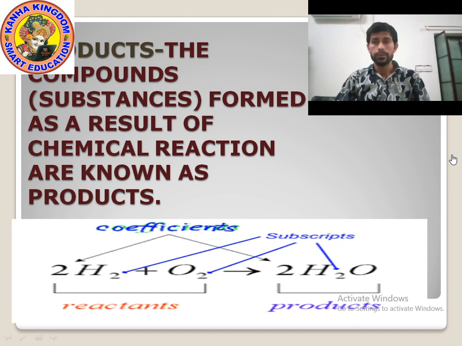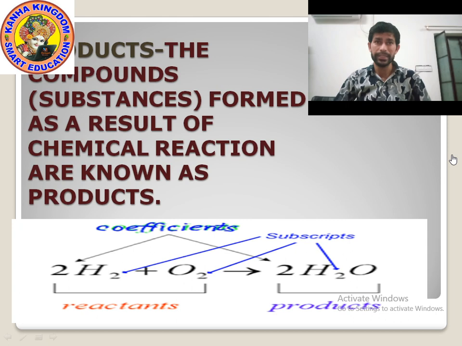Now look at the screen, look at the chemical reaction. I have written two words, coefficients and subscripts. What is the meaning of coefficient?